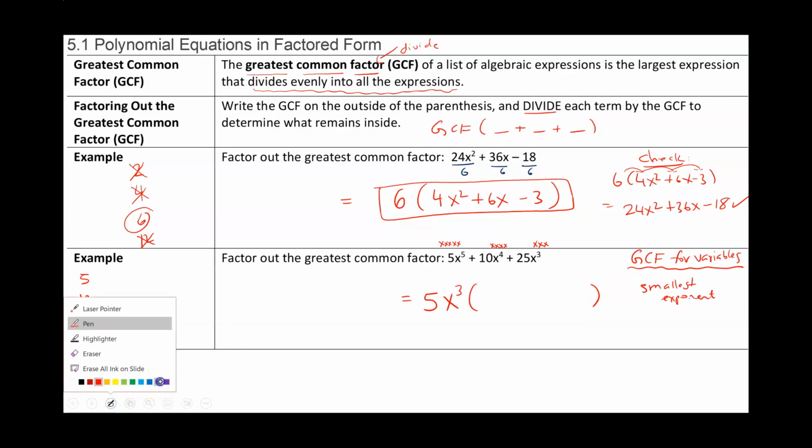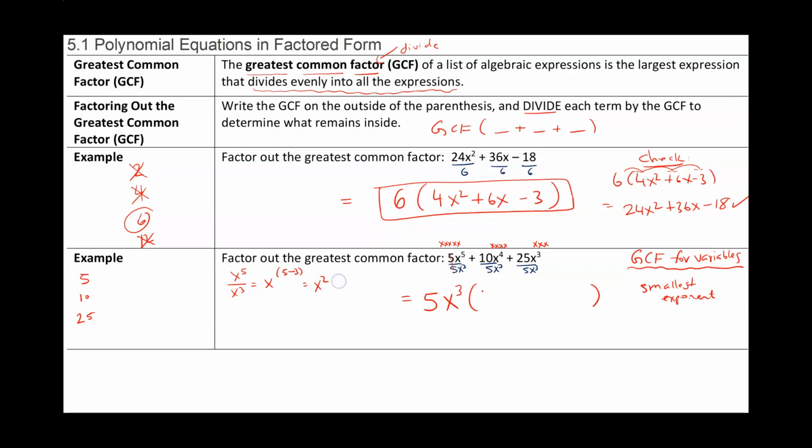Remember that whatever your GCF is, we are going to divide all three of these terms by that GCF. So we have 5 divided by 5 crosses out. Remember that when you divide the same base, if you have x to the 5th over x cubed, you keep the base and subtract the powers. So this gives you an x squared, and 5 divided by 5 is 1, so we just get an x squared. 10 divided by 5 is 2.